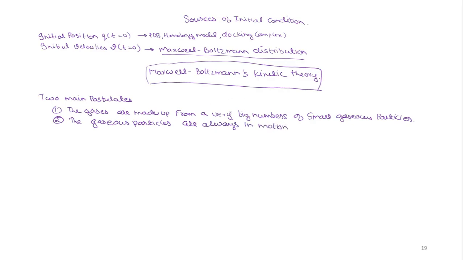So these are the two major postulates based on which Maxwell and Boltzmann built their kinetic theory. The first postulate being the gases are made up from a very big number of small gaseous particles. There would be a huge number of gaseous particles in your system, and such gaseous particles do not remain static and they are always in motion.